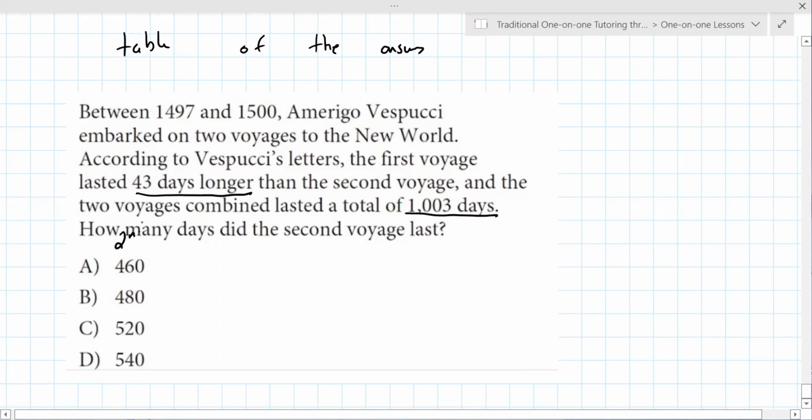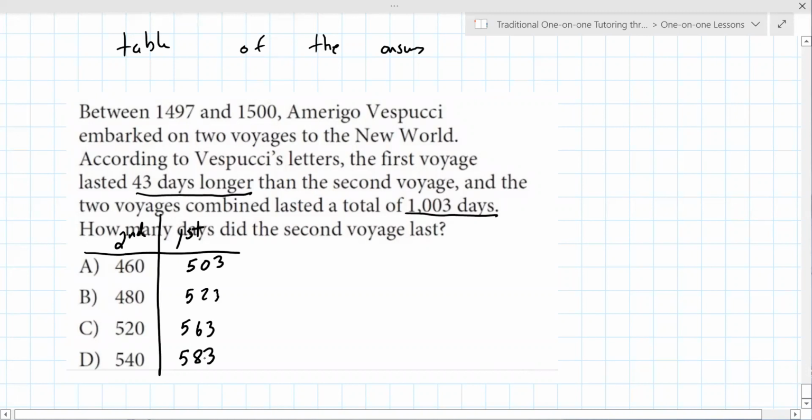So here's the second. How does the first compare to the second? The first one is 43 days longer. Yeah, so we've got to add 43 to each of these, okay? And the faster you can do that, the faster you can get your answer.